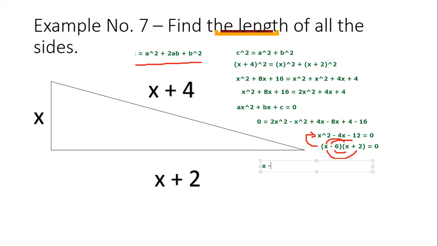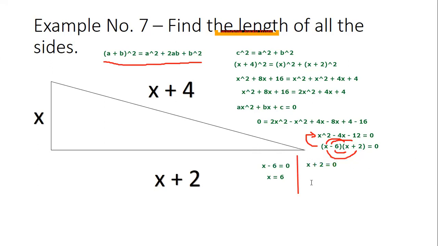So x minus 6 is equal to 0. Therefore, by the addition property, adding 6 to both sides of your equation, x will be 6. On the other hand, your other factor is x plus 2, which is equal to 0.